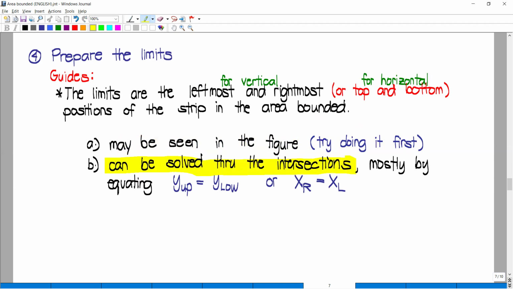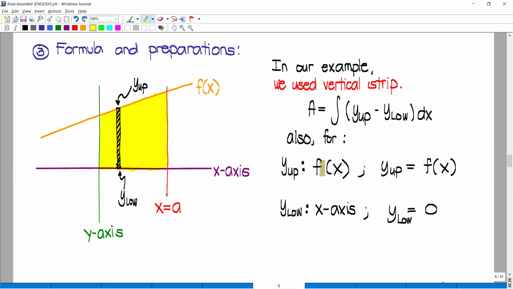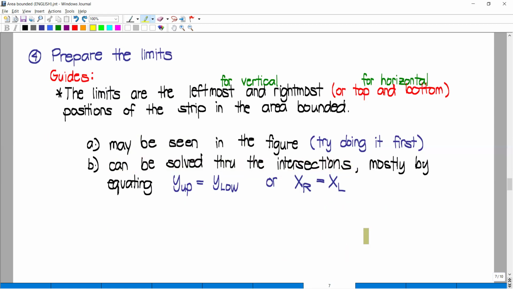And mostly, those intersections are solved by equating the y up and y low that we prepared in step number 3. Right? The y up and the y low are the f of x and the x-axis. Or if we use the horizontal strip, we can solve the intersections by equating the x right and the xl.